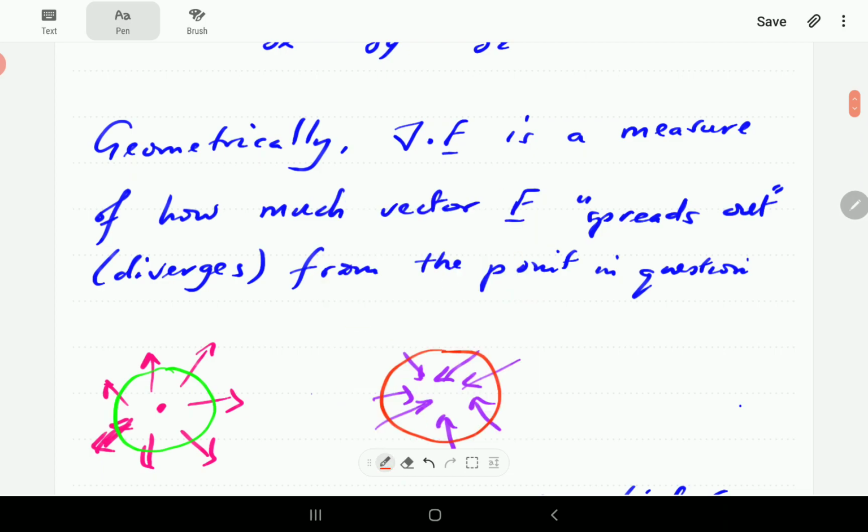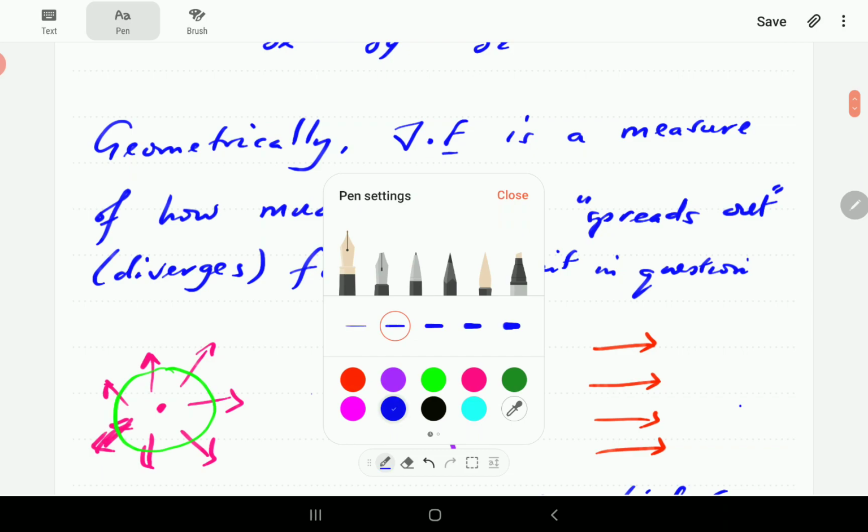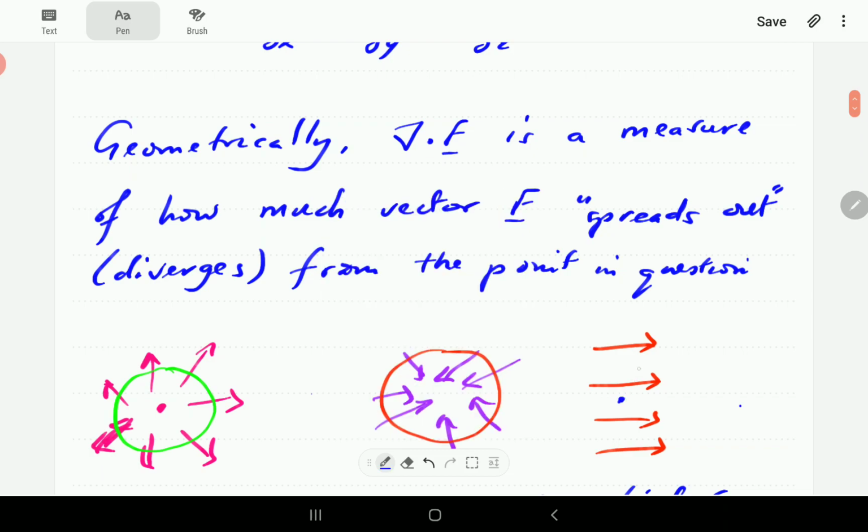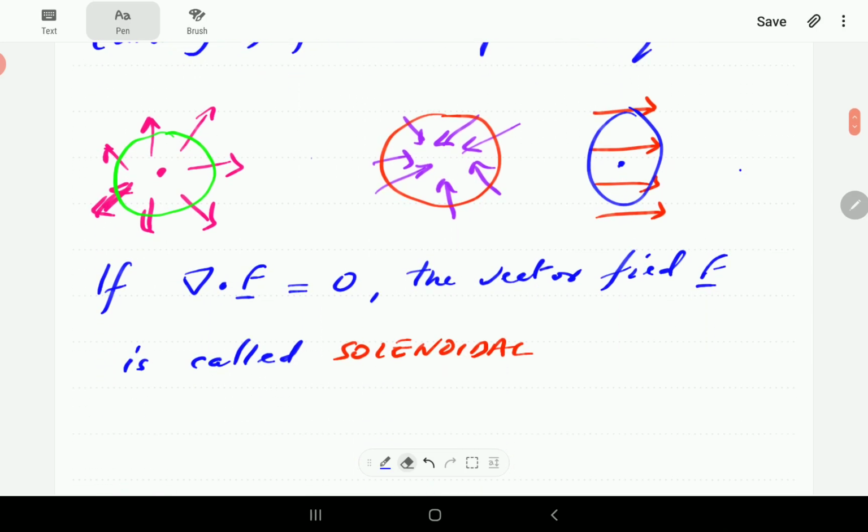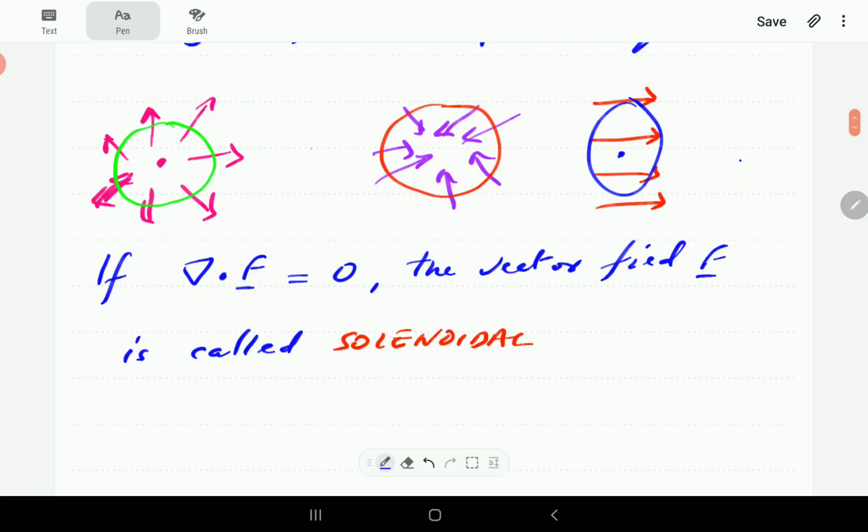On the other hand, if you've got something like this uniform flow, then this vector field is going to have divergence 0, because at any point the amount of components going in is equal to the amount going out. For instance, here things are going in on this side, and going out on that side. If a vector field is such that its divergence is 0, then that vector field is called solenoidal.